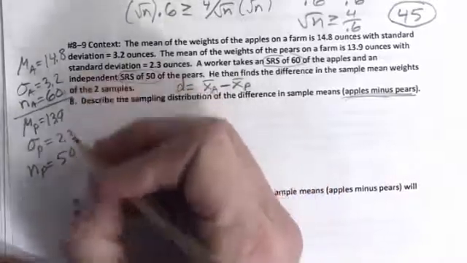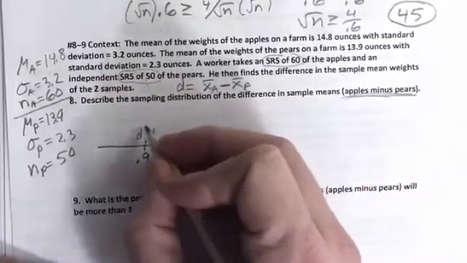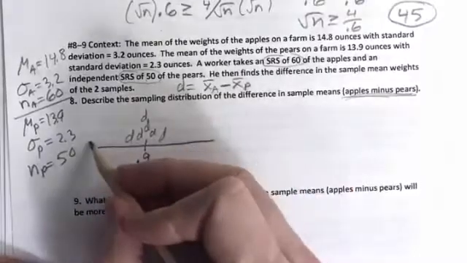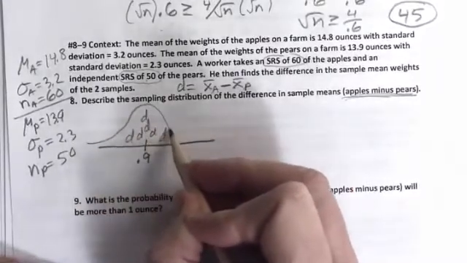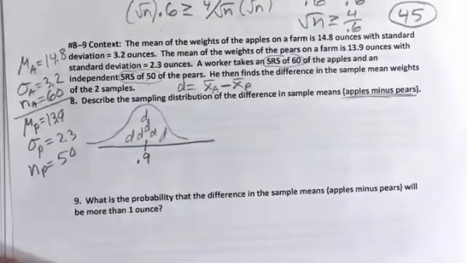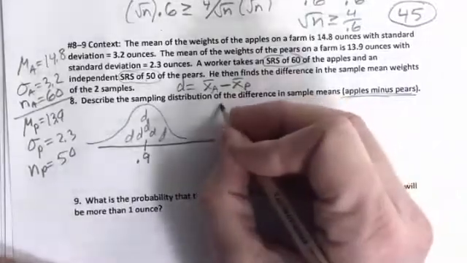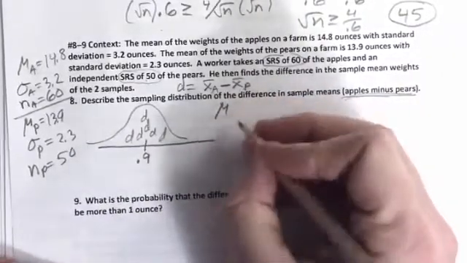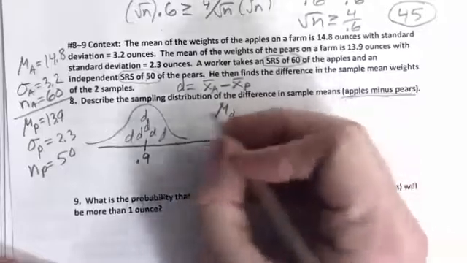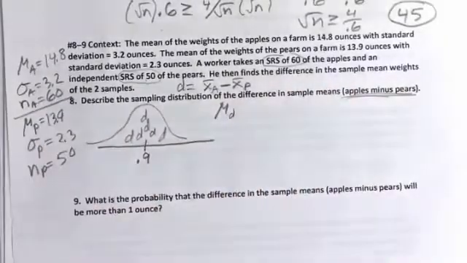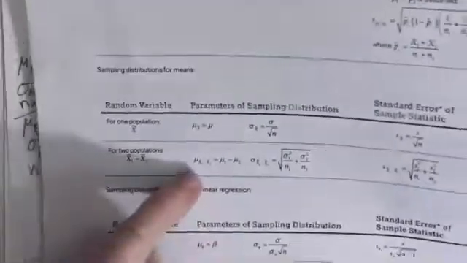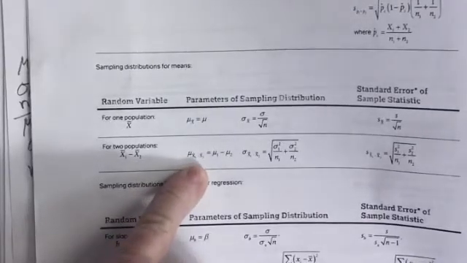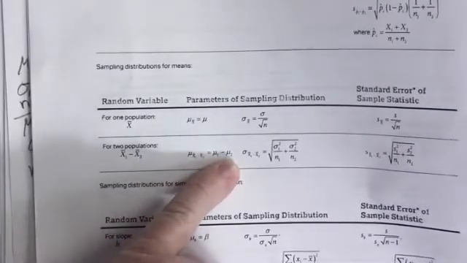And if we took many samples and kept finding differences like that, it's creating a sampling distribution. It's every possible difference that can occur. So what is the mean of the differences? I tend to write mean of differences, but more like on your formula sheet, the mean of X bar sub 1 minus X bar sub 2, you just subtract the population means.